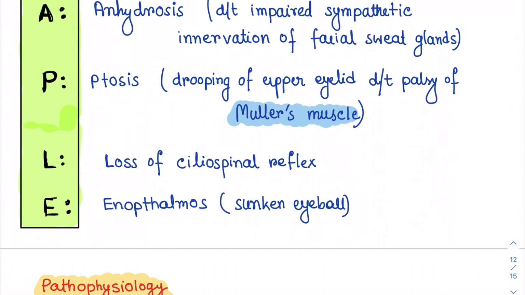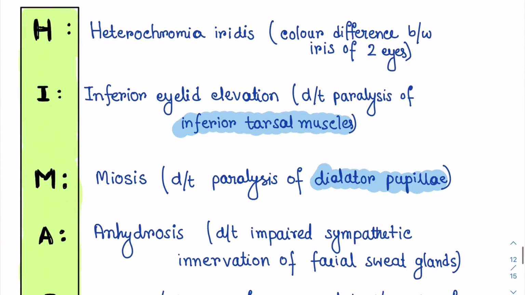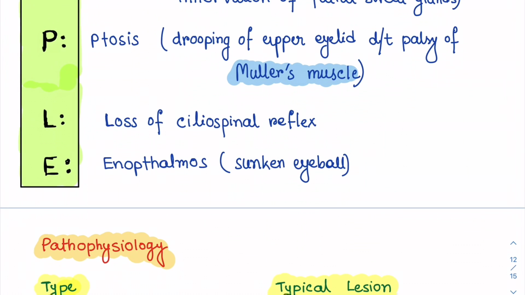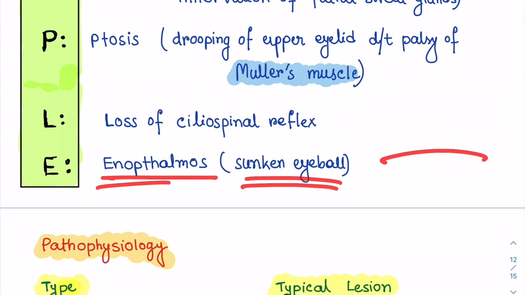So the inferior eyelid is elevated and the upper eyelid is drooping, so the eye becomes small. Why does the drooping occur? Because the Müller's muscle is supplied by the sympathetic nerve. From L, the loss of ciliospinal reflex, and E, enophthalmos, that is the sunken eyeball. The eyeball becomes sunken.